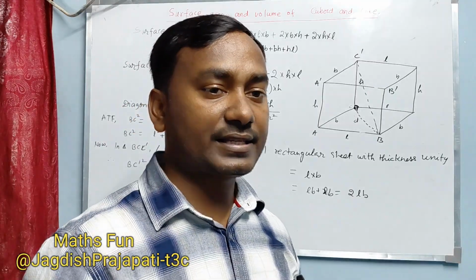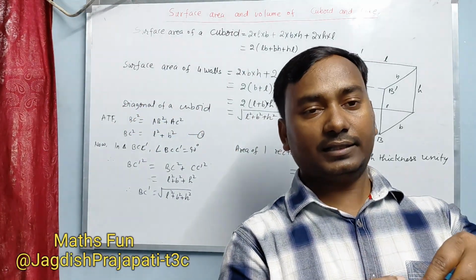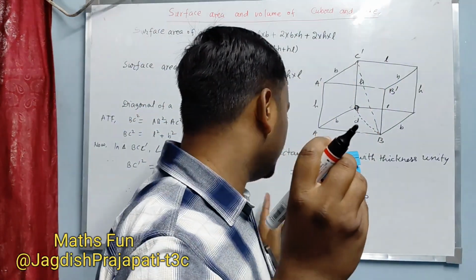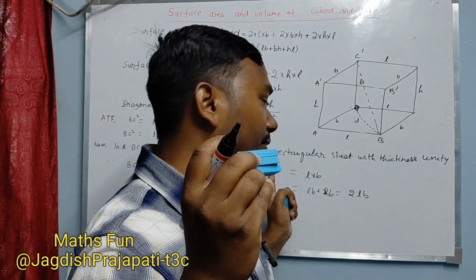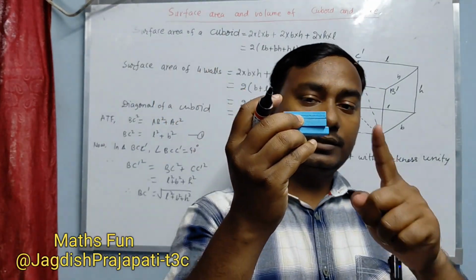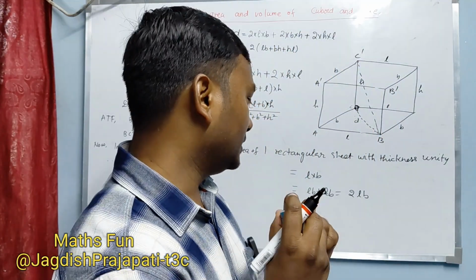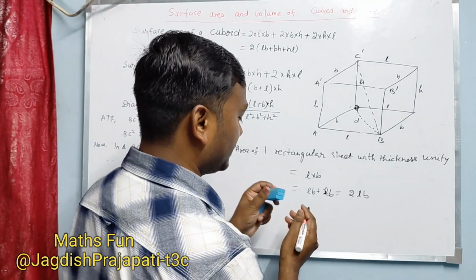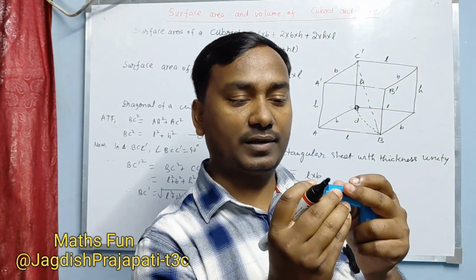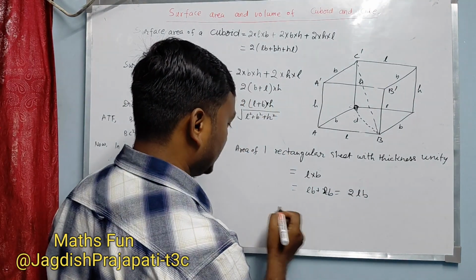Similarly, if we stack another layer on it, then area of the three layers will be, in this way, LB plus LB plus LB, that is 3LB.